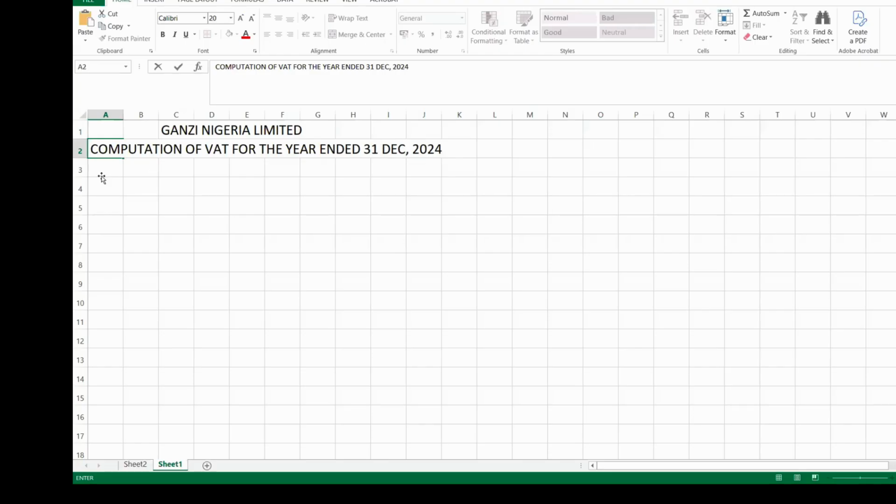As we all know, in Nigeria we adopt the invoice credit method. So we have to calculate our output VAT.